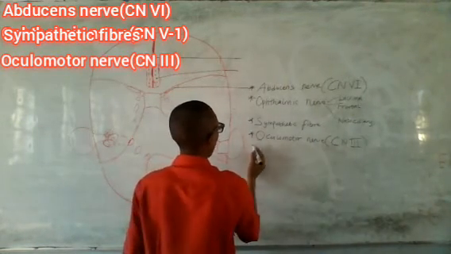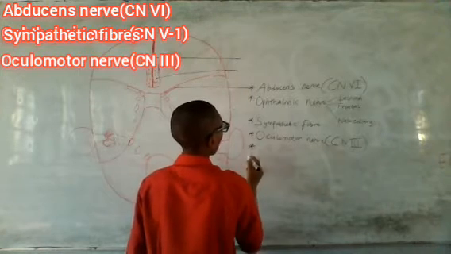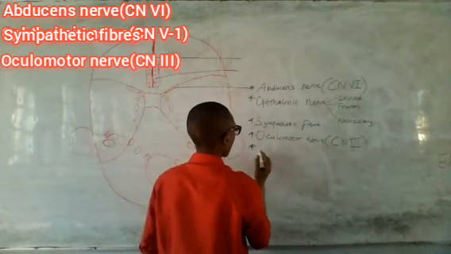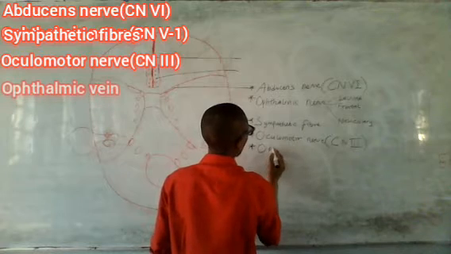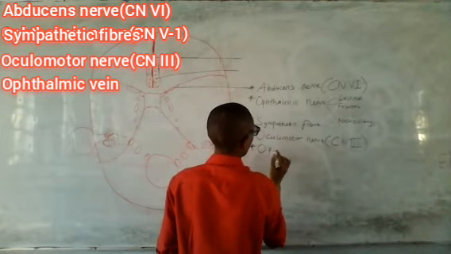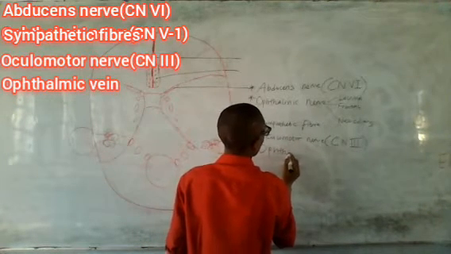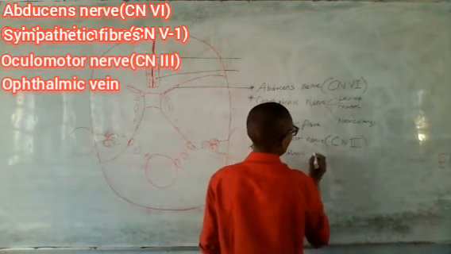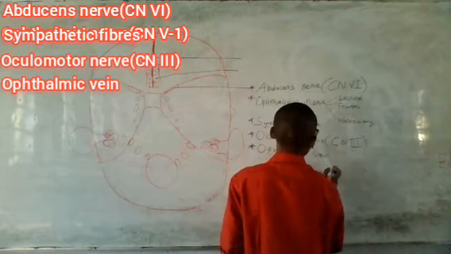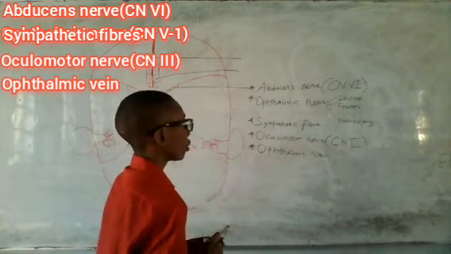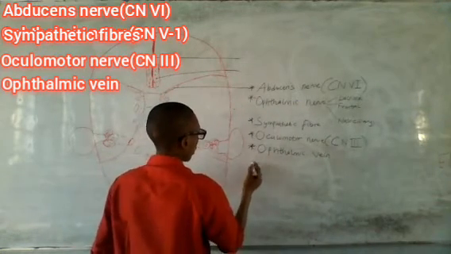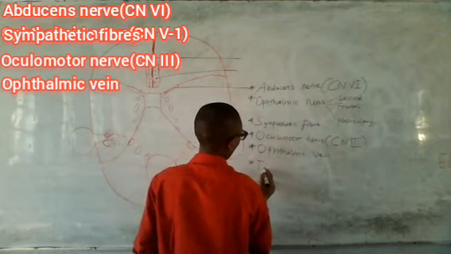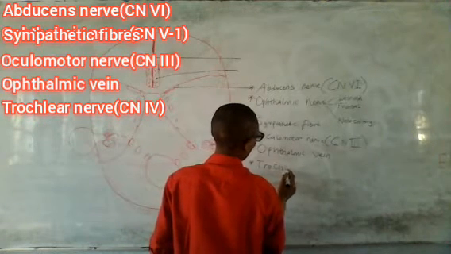Another structure that passes through it is the ophthalmic vein. Then finally we have the trochlear nerve.